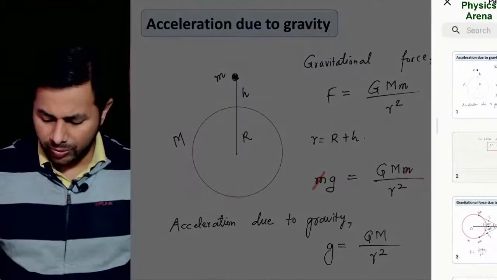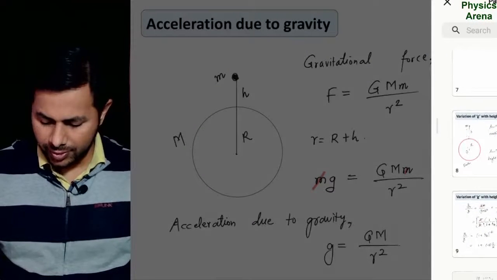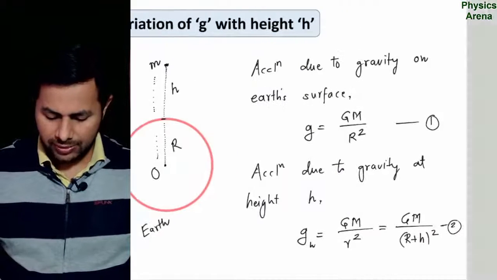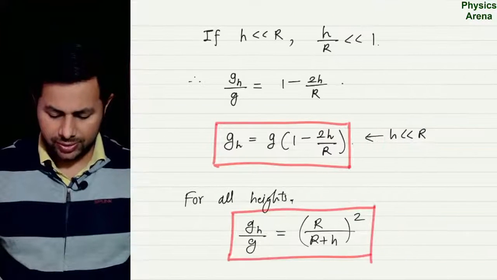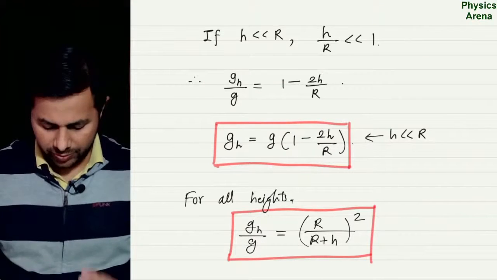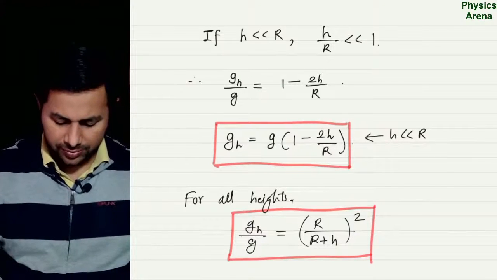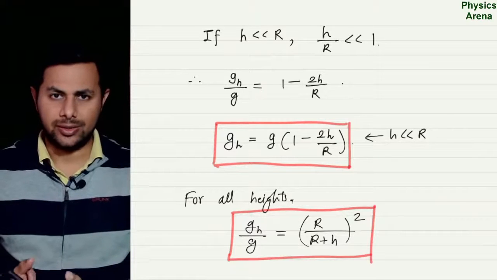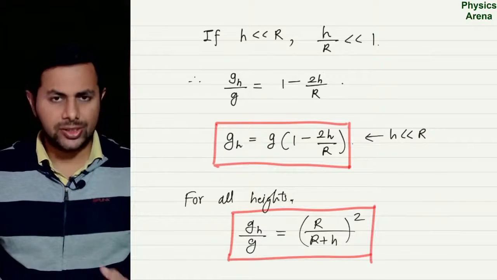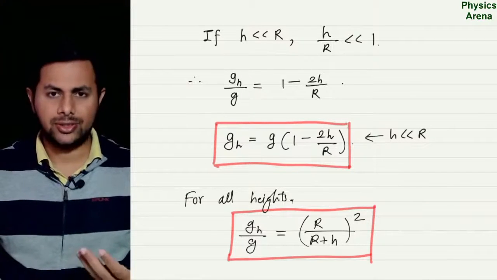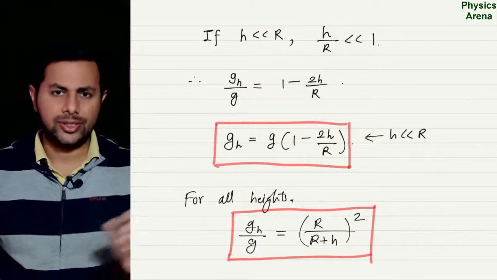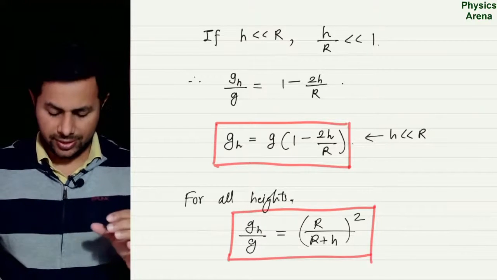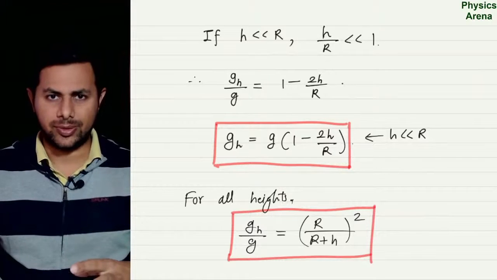And then we found a formula for acceleration due to gravity at some height h. So we did all these calculations and we found that gh is equal to g times 1 minus 2h over r, where h is the distance and r is the radius of Earth. So gh is the acceleration due to gravity at height h, and g is the acceleration on Earth's surface.